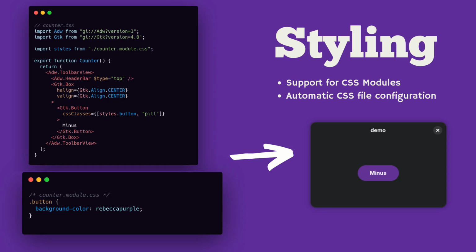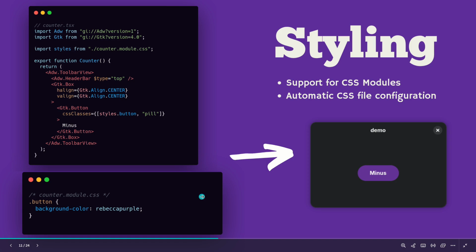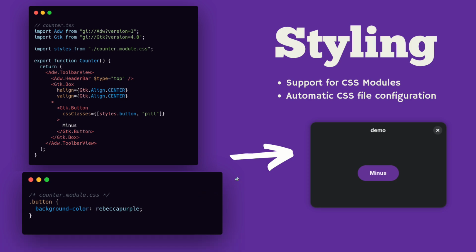Another important feature we have, which is borrowed from web development, is styling, especially CSS modules. CSS modules is this nice way where you have a file with a .module.css extension, and when you have that file with some styles inside, you can import that file as a normal JavaScript module. And Pichi, when it's on the bundling step, will compile the CSS file and minify it.